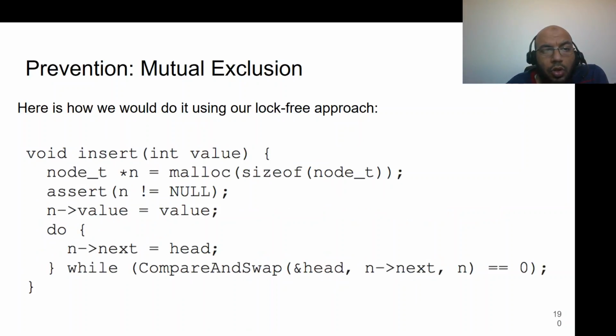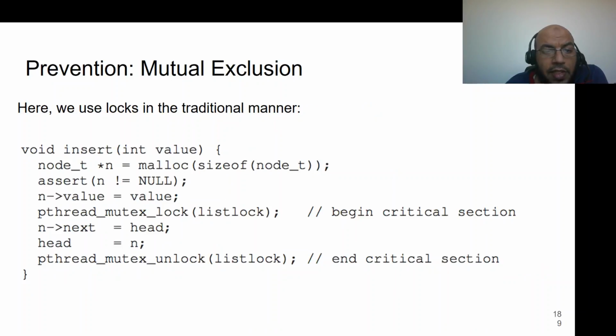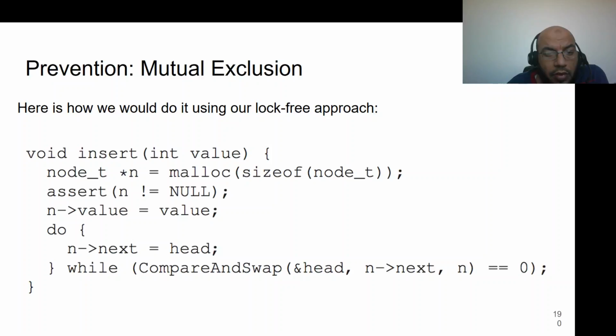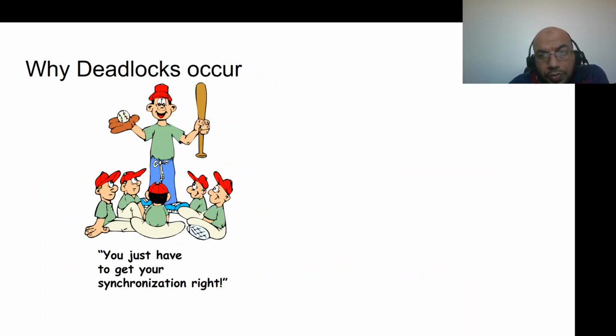Or you can use the compare and swap atomic instruction like this. So you can either use traditional locking and unlocking mechanisms, or something like this, where compare and swap is used to force an atomic set of instructions to run together.